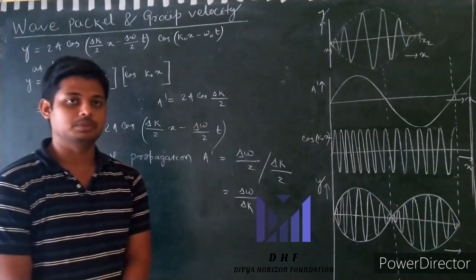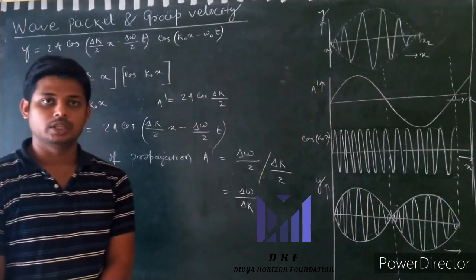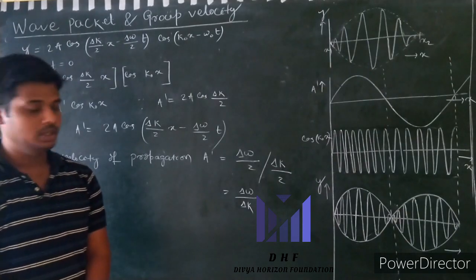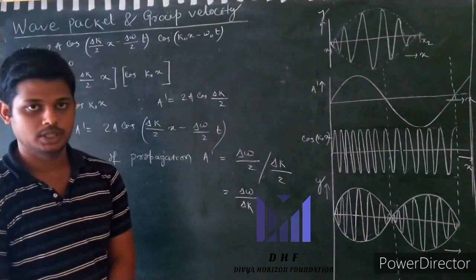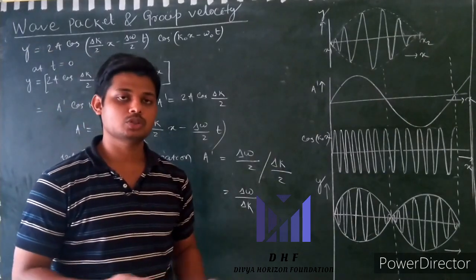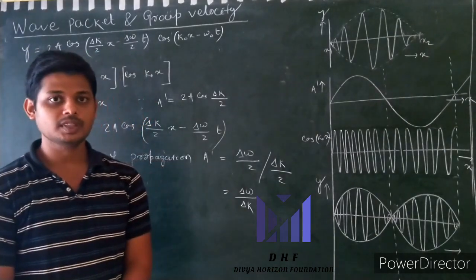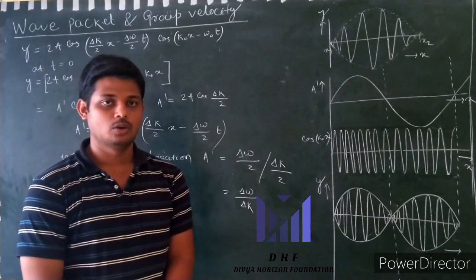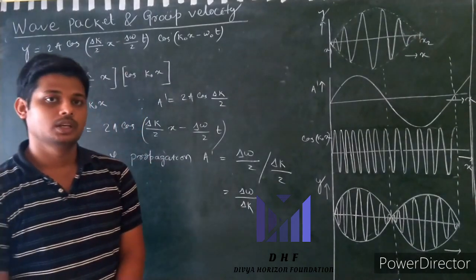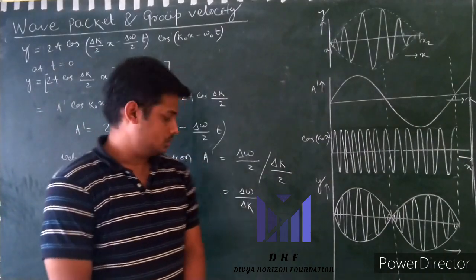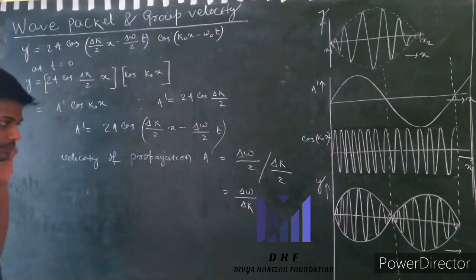But in our daily life, what we observe in case of light or sound is not made up of only two monochromatic waves. They are made up of numerous monochromatic waves. Then in that case, what is the expression for the group velocity? Let us discuss a little bit about that.